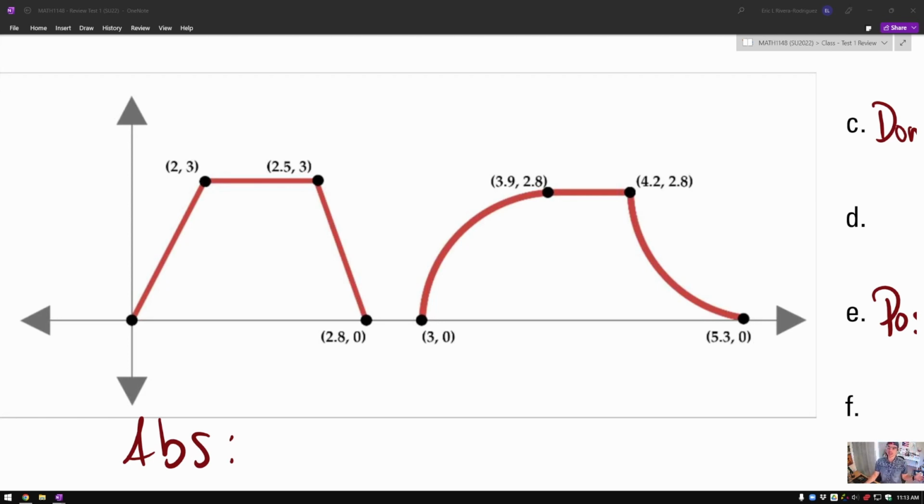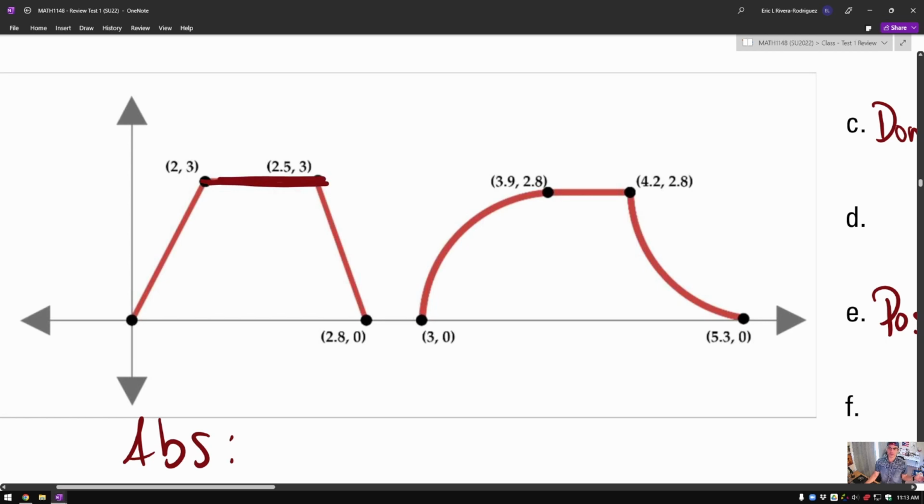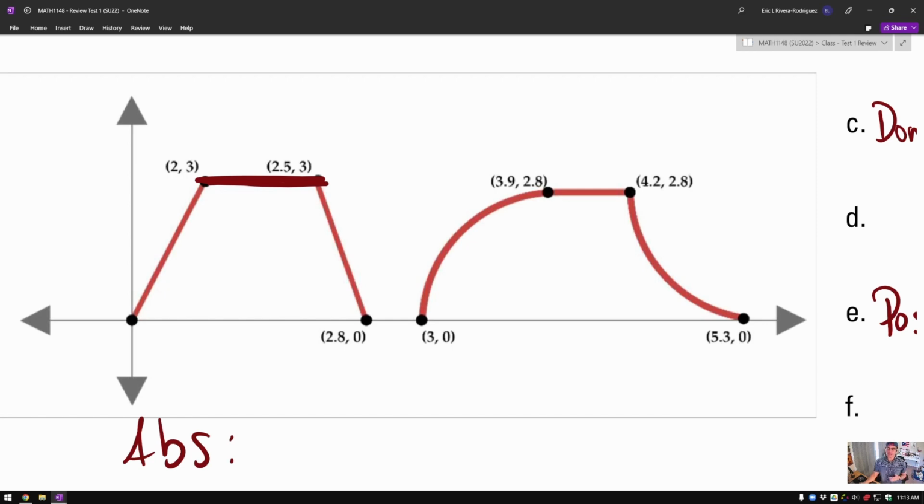The highest point is all this, because we have a constant behavior here of the graph, and it is on the highest point. So the highest point gives us a y value of 3. So the absolute maximum value is 3. Okay?